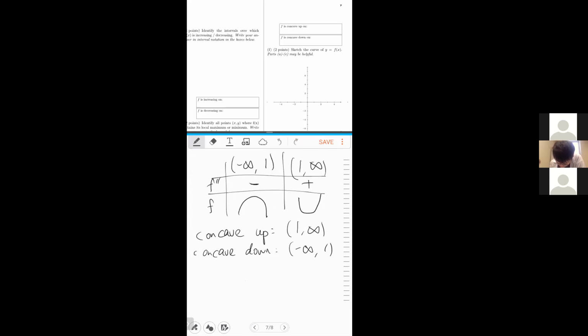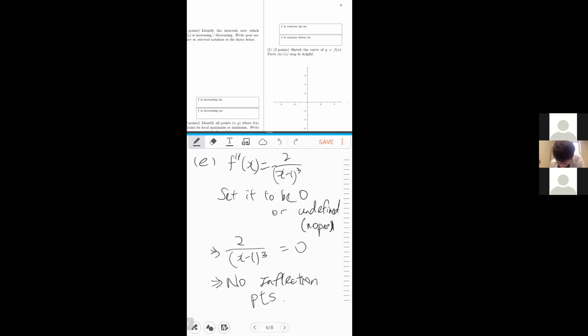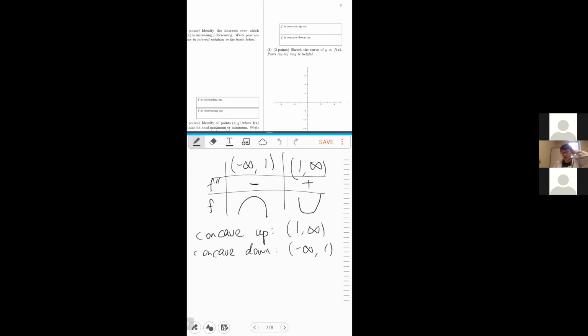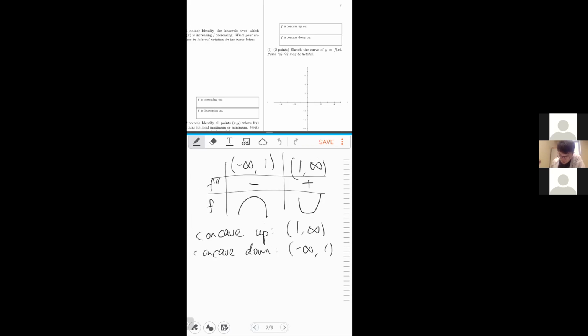And I also know that from negative infinity to 1, it's concave down. So it should look like this. And from 1 to infinity, it's concave up. So it looks like this.